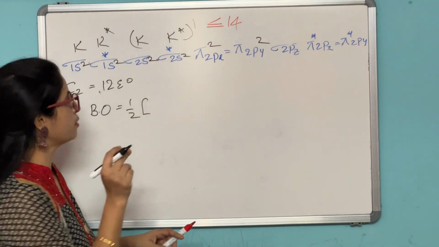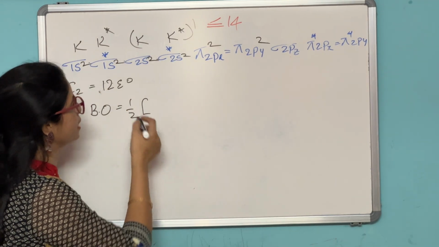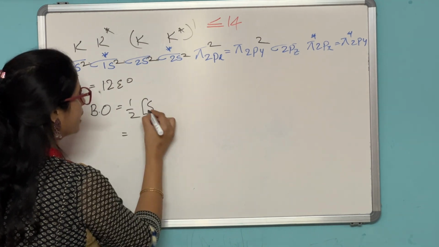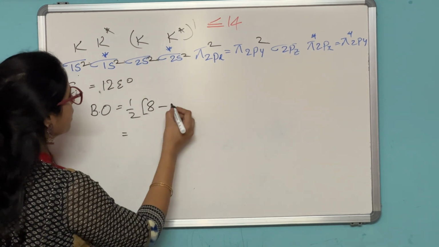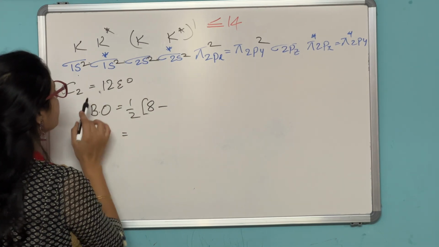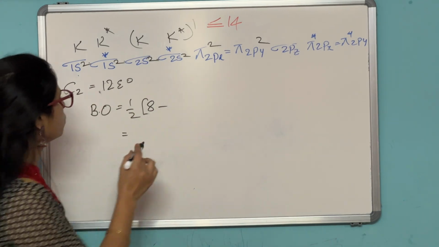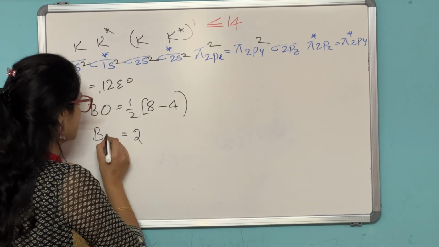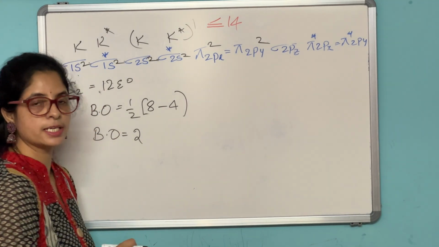First you calculate by including them. So 1, 2, 3, 4. 4 2s are 8, minus the anti-bonding orbitals. How many? 1, 2. 2 2s are 4. So 4 by 2 is 2. Bond order 2 means it is very stable.